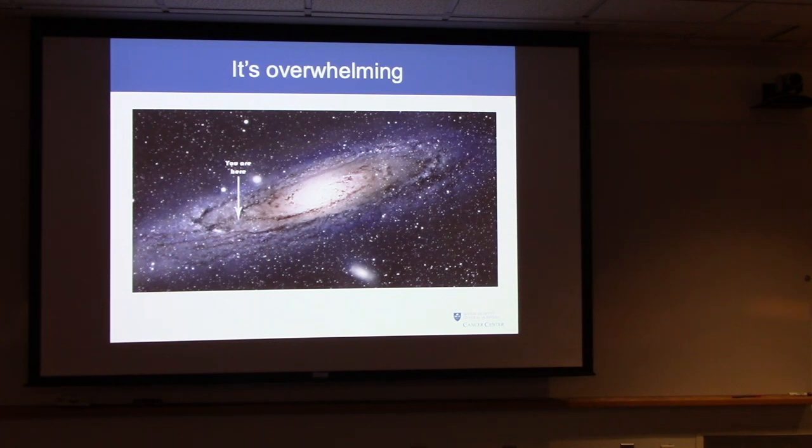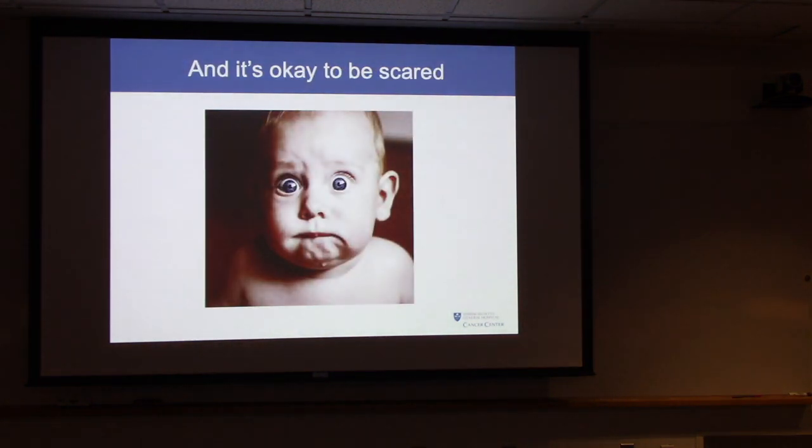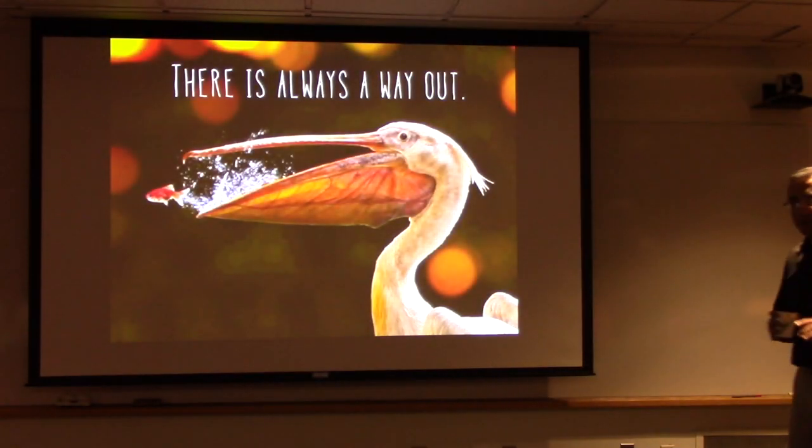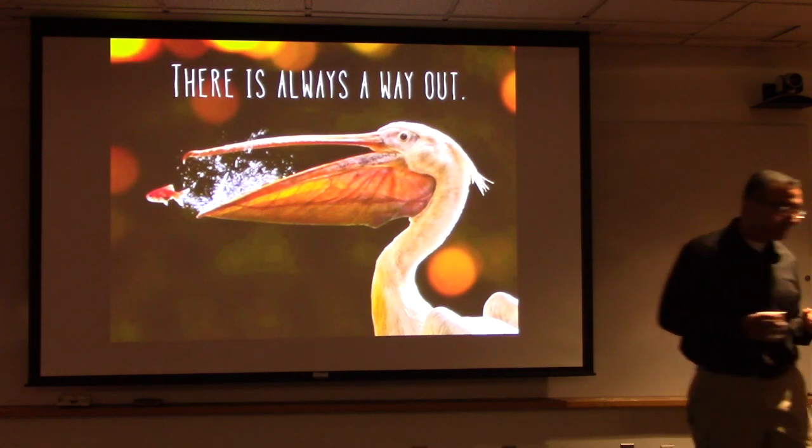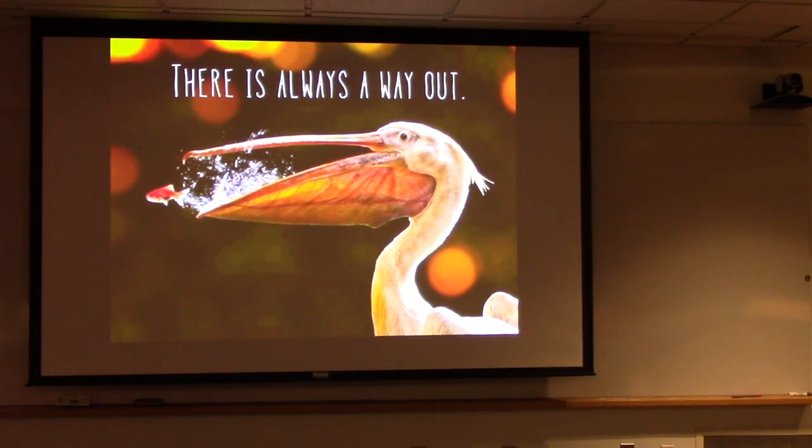Not to mention the knowledge that you need just to process that data. So I'm here to tell you that it's okay to be scared if you are. It's perfectly normal, but there is a way out. Today we're going to talk about some of the solutions. What are the ways out from this kind of a problem?